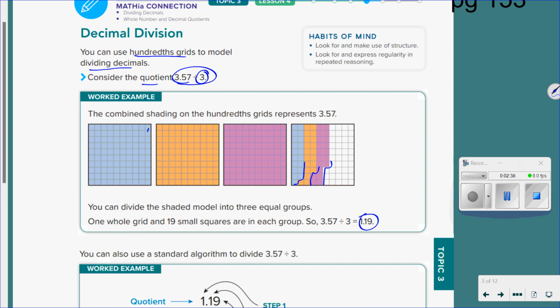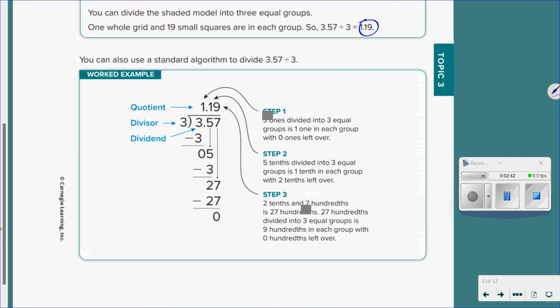So when we talk about the standard algorithm, now this is how you guys should have already known to do division. You have your 3 pieces. We've got the divisor, the number I'm dividing by, the number of groups I'm dividing it into. We have our dividend, the number that I'm splitting up, and we have our quotient, the answer to the problem.